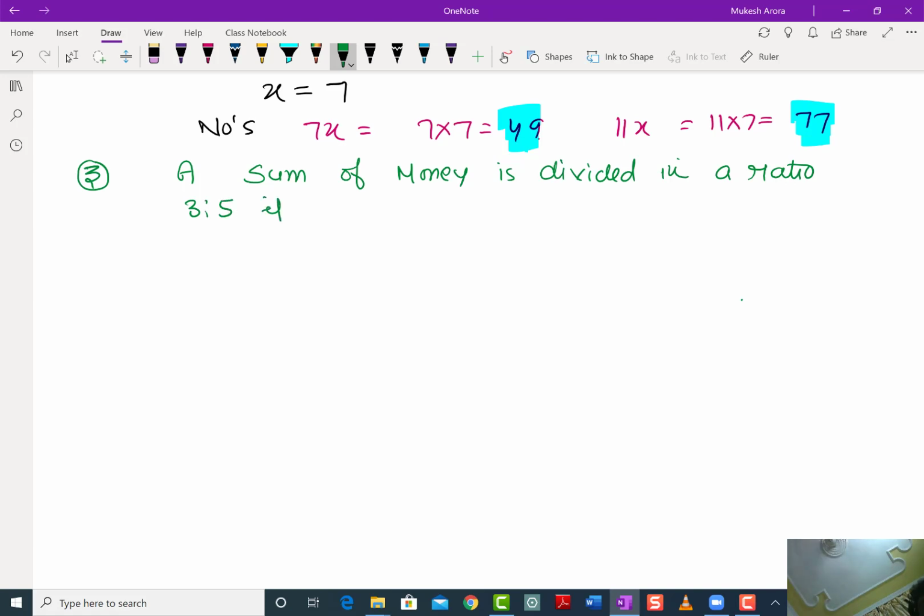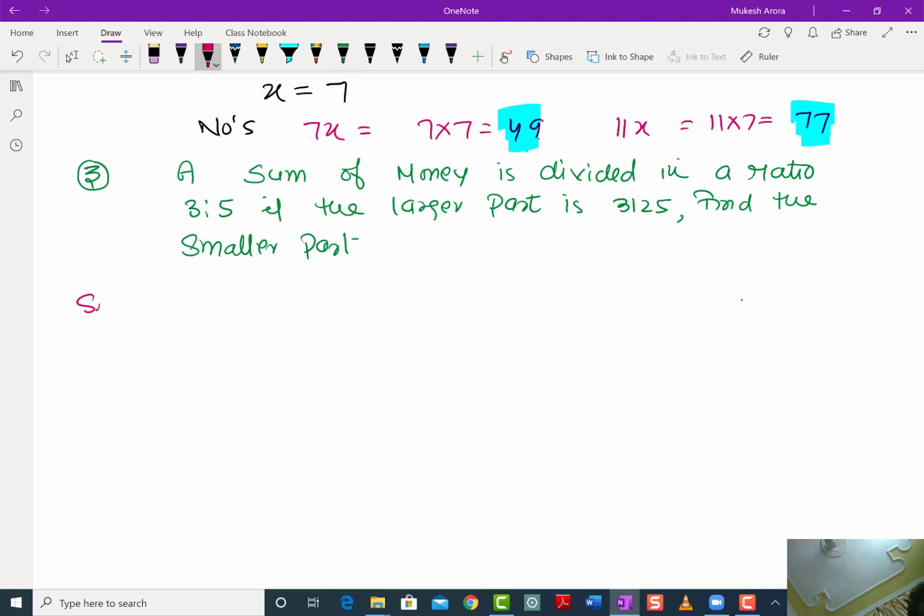If the larger part is 3125, find the smaller part.